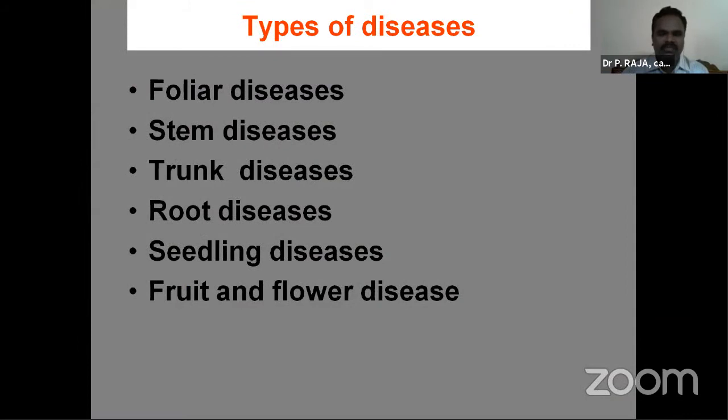If you see the types of diseases, the pathogens which attack the foliar parts of the leaf, we call them foliar diseases. Stem diseases attack the stem parts, and some attack the trunk. Some pathogens attack the roots, some cause seedling diseases, and some attack the fruits and flowers.